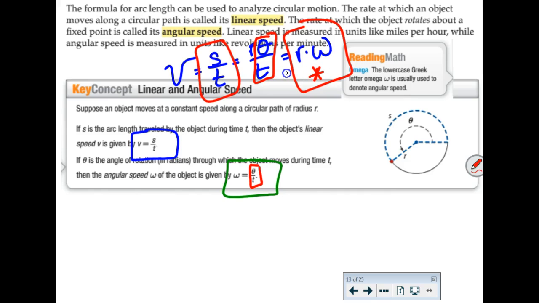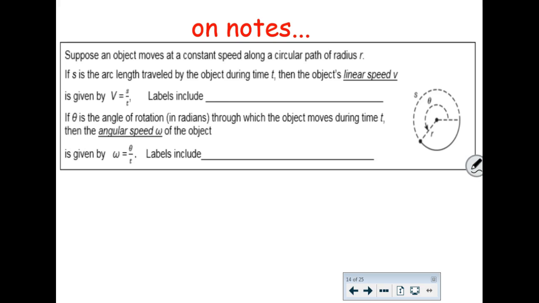I'm sure you had to derive 1,000 formulas in trig, and you don't want to think about those anymore. You might want to write yourself a little note somewhere in your notes. It's not always the case, but generally speaking, the first thing you're going to do in most of these application problems is find the angular velocity.